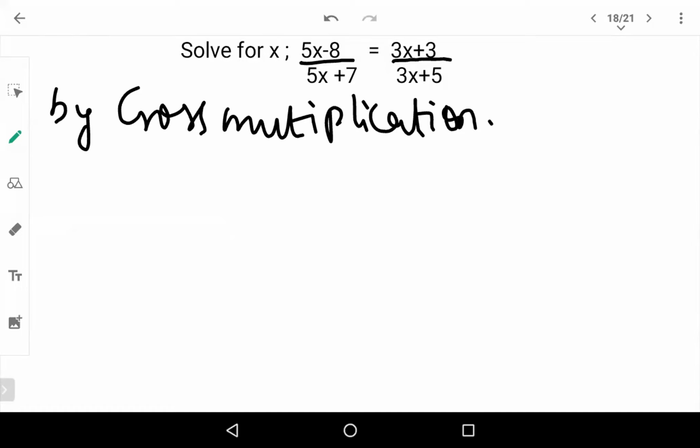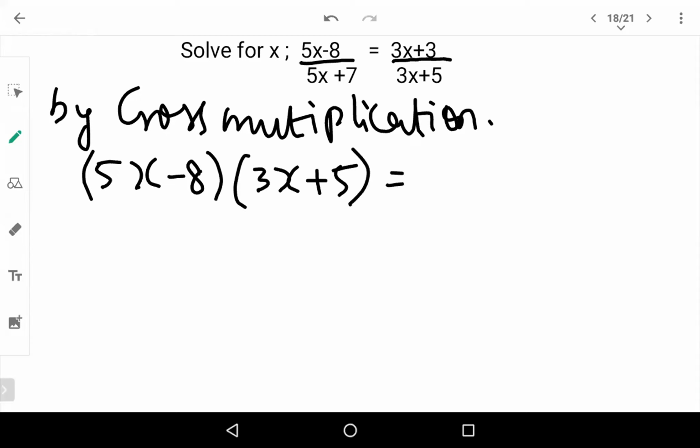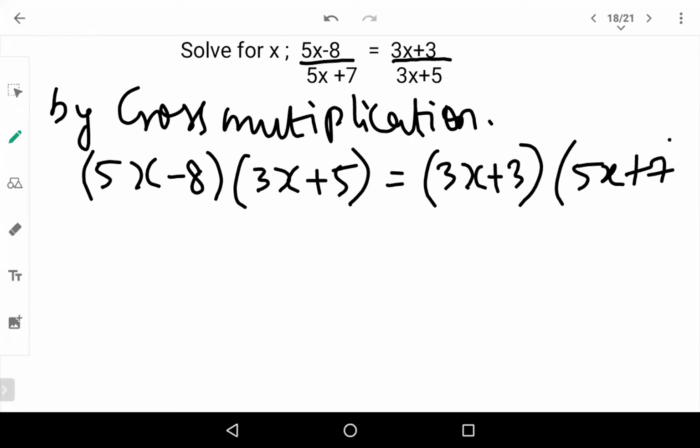Okay, now we are supposed to multiply the expressions. So 5x minus 8 will remain as it is, and 3x plus 5 will go to the numerator. 3x plus 5 is equal to 3x plus 3 on the other side will remain, and 5x plus 7 will come to the numerator on the other side.